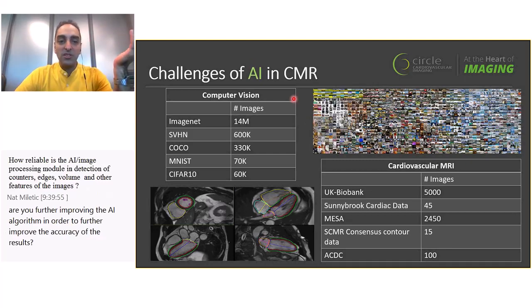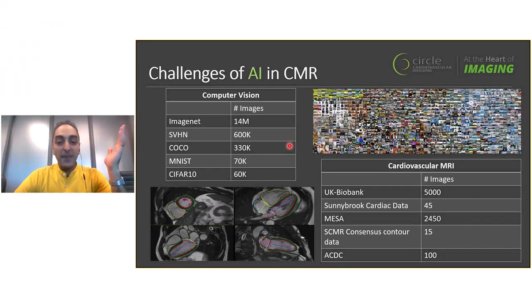If we compare to computer vision tasks that are trained for natural images, we have publicly available databases such as ImageNet that contains 14 million different images of cats and dogs, right? Or more than cats and dogs. I mean, there are 1,000 different classes. And of course, you have other data sets such as CIFAR that have tens and hundreds of thousands of images.